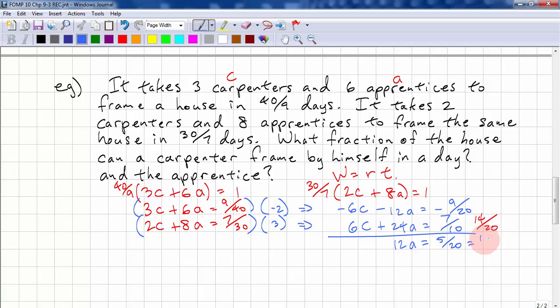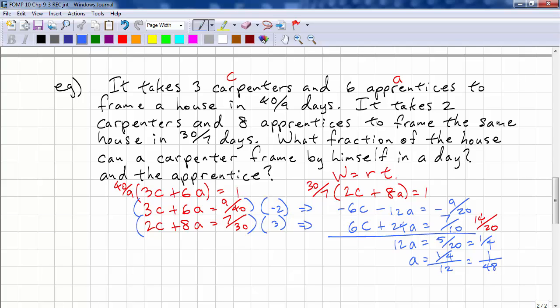This simplifies to 1 over 4. So we have a equals 1 over 4 divided by 12. This is a fraction over a number. So we take the denominator and multiply it by the denominator, and we get a single fraction. So a equals 1 over 48.